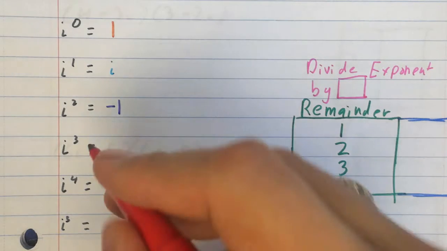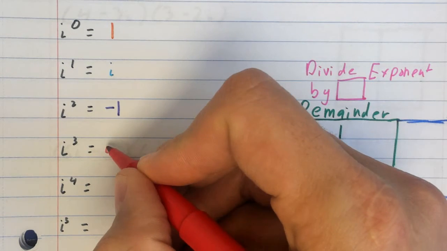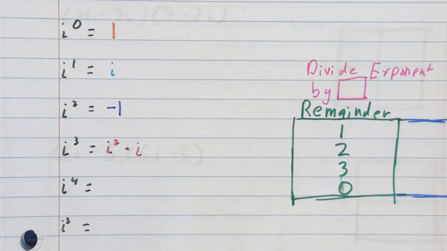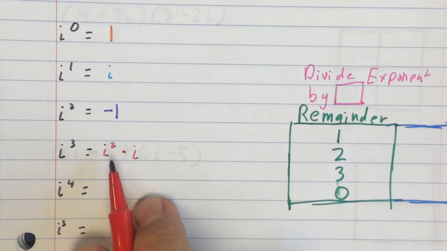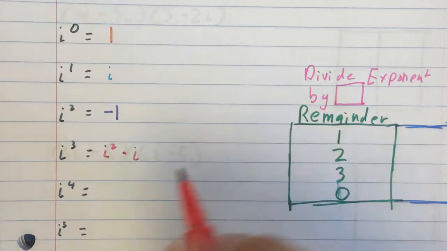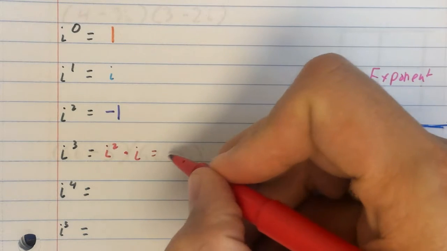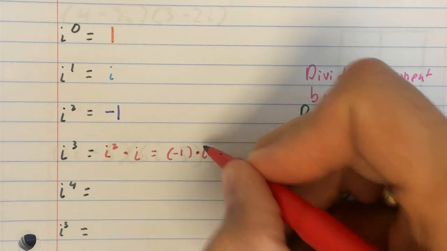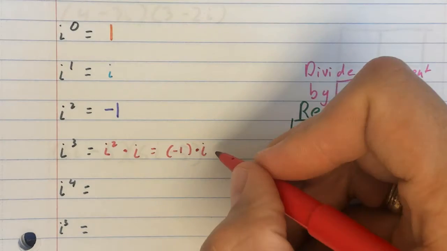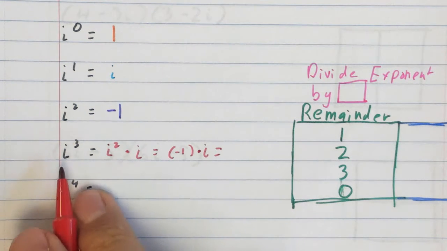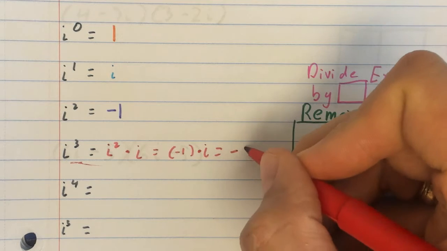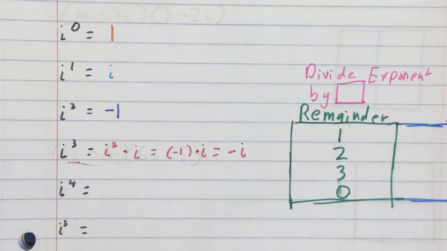I to the third power can be written as I squared times I. Earlier, I just did I squared, and I squared right there is the same as -1. So I have -1 times I, which means that I cubed, I to the third power, is equal to -I.